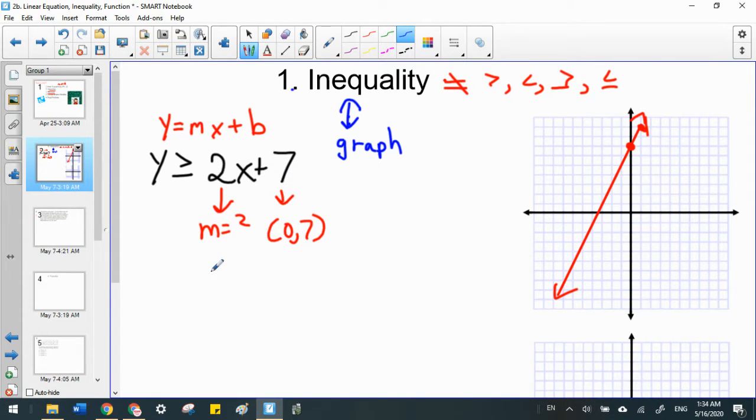So if I were to choose x is equal to -3, that means that when I put it through that inequality, I'll get y is greater than or equal to -3 times 2 plus 7, which is going to give me a +1. So y has to be greater than or equal to +1.